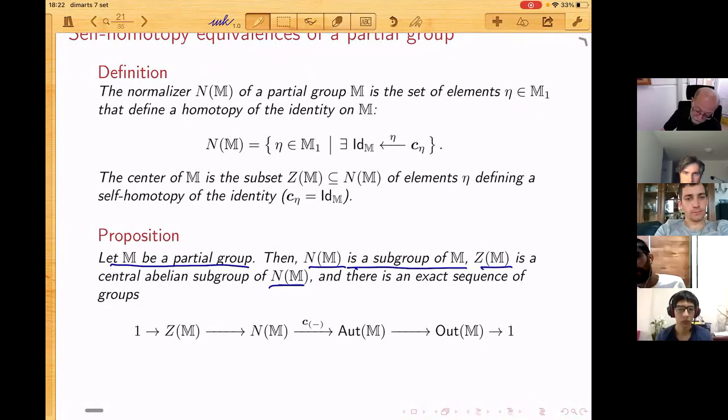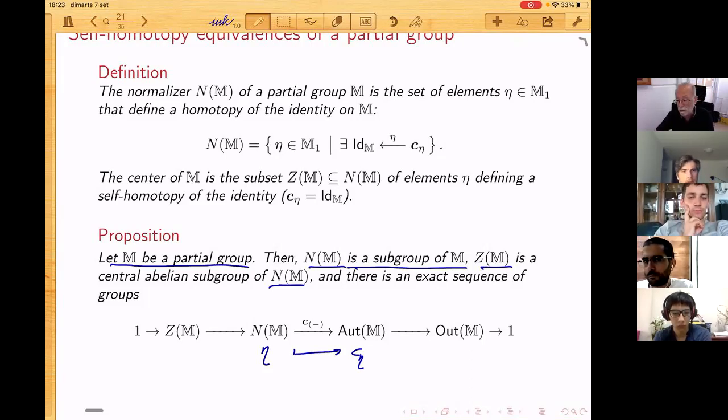And then you can prove that there is an exact sequence of groups like this. So this is the map defined before. An element in this normalizer is mapped to conjugation by this element as defined before, right? And then the center is by definition the kernel of this map, which happens to be a map of groups, a homomorphism.